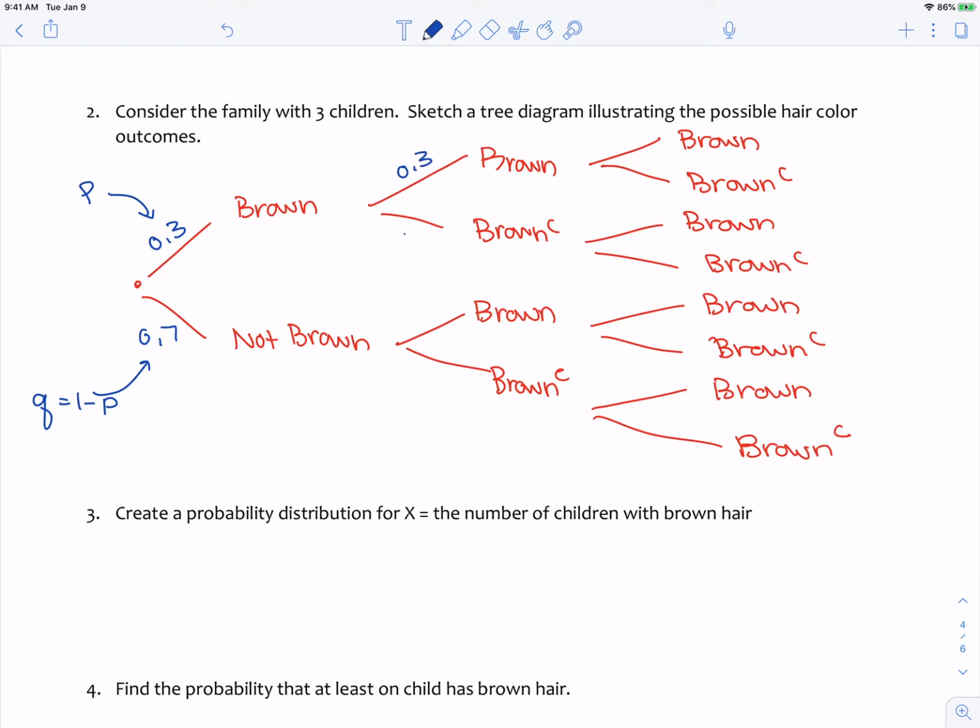So we still have 0.3, 0.7 on all of these branch segments.